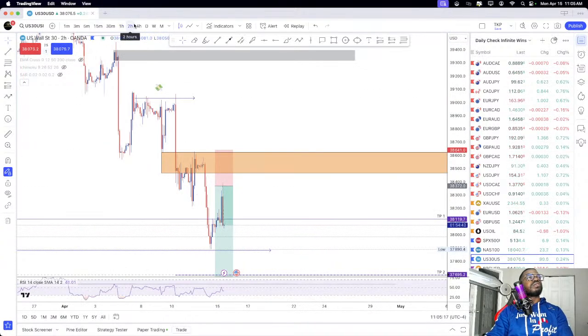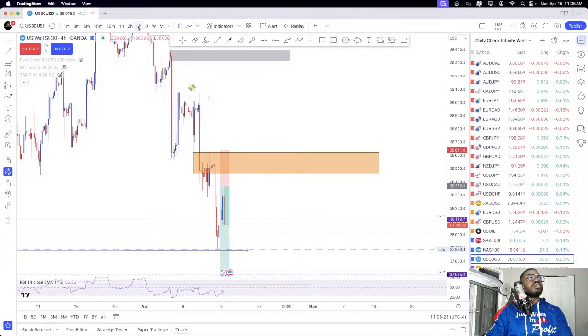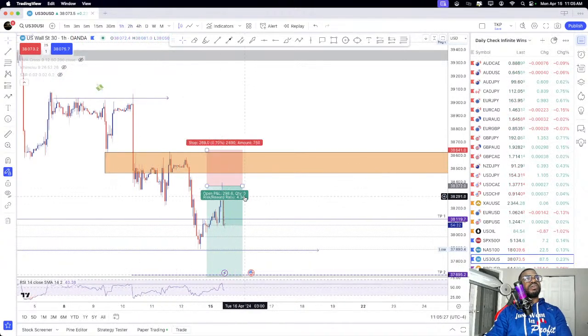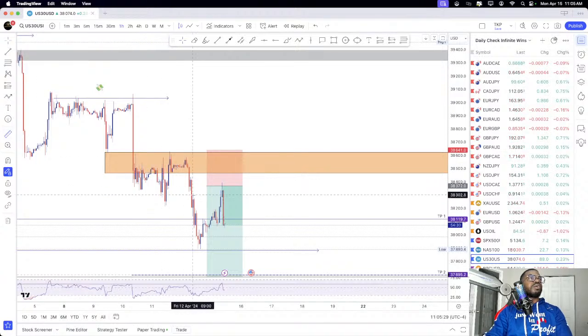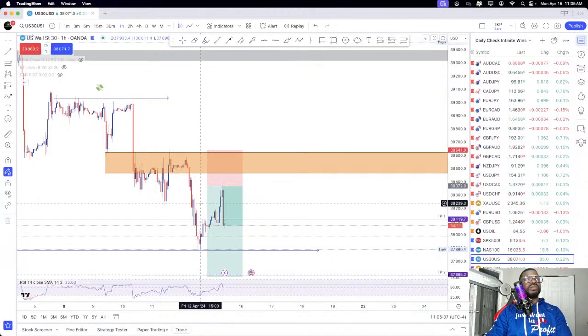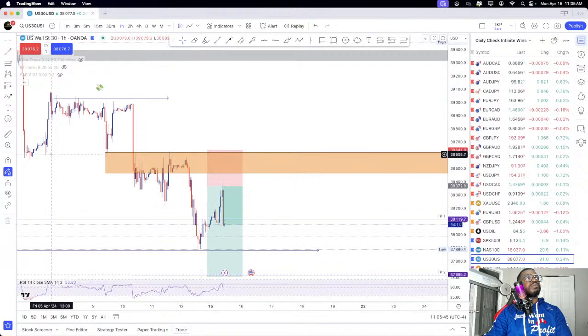So with US 30, I actually moved my entry up a little bit because, if you know, US 30 is unforgiving. So this stop loss on US 30, I think it would have been risking almost $300. So I wanted to mitigate that risk and wait until I got a tighter stop loss.